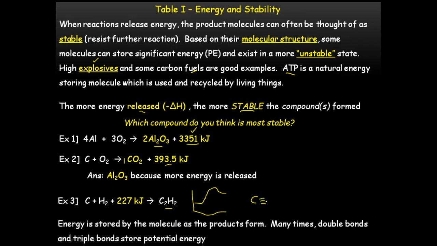It actually stores a lot of potential energy in its triple bond. Okay, and this triple bond is a really stable source of storing a lot of energy. So that makes this an energy storing molecule. Okay, and that's what we can often see in a lot of explosives and in a lot of fuels. We'll see this energy storing material within the molecules.